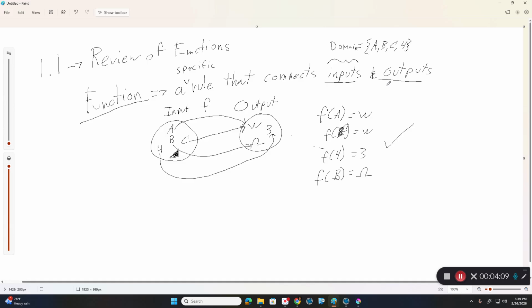The outputs we usually refer to as the range. And what do we have? We have w, we have 3, and we have omega. So the question is, when do these specific rules actually satisfy being functions?